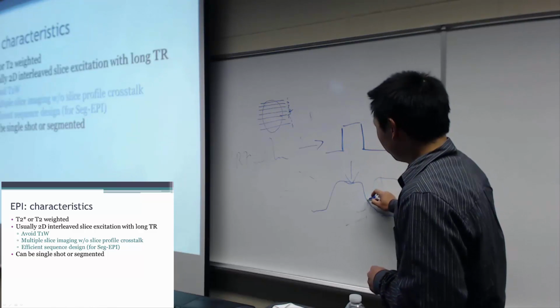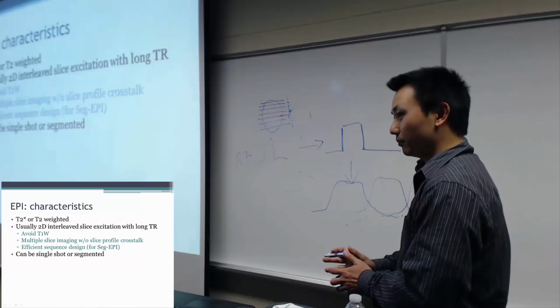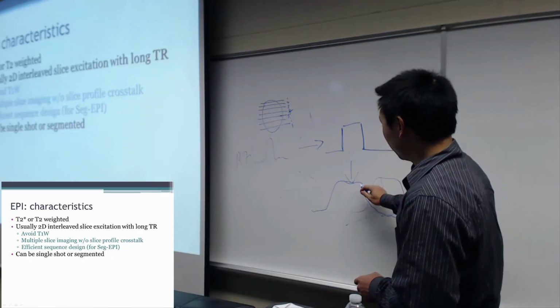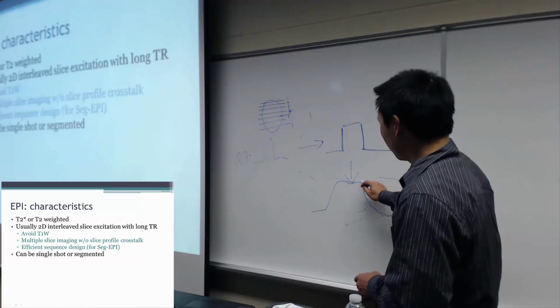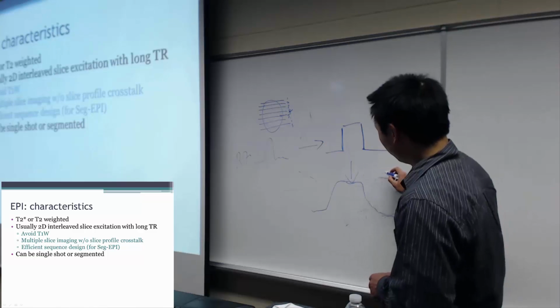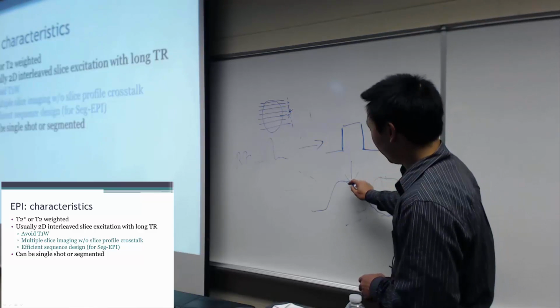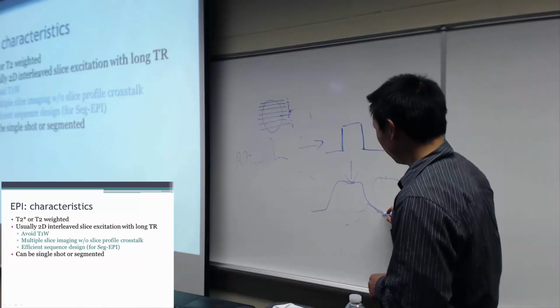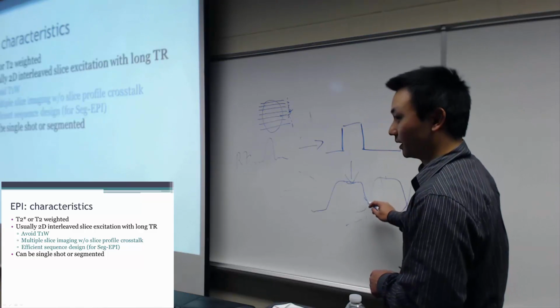If we have very close slice positions, and we collect two slices consecutively, then if we collect this slice immediately after the previous slice, it would be affected by the crosstalk of this imperfect slice profile.